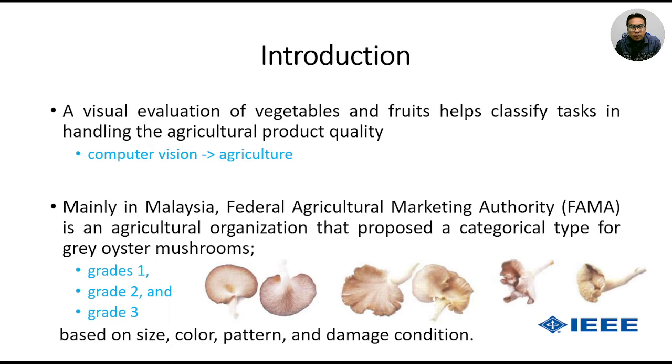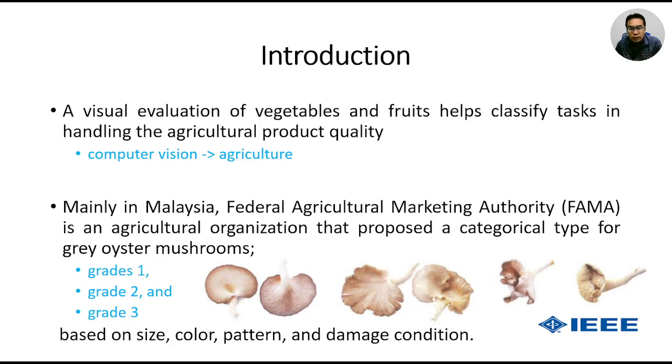So a bit of introduction about our paper. Basically, visual evaluation of vegetables and fruits helps classification tasks in handling agricultural product quality, especially the traditional methods in our Malaysian standard of agriculture, whereby we use the eyes and hand picking.